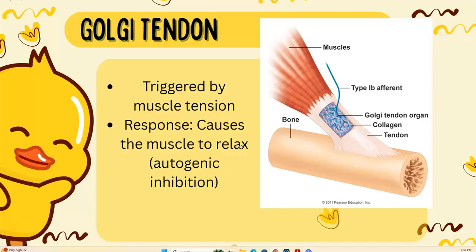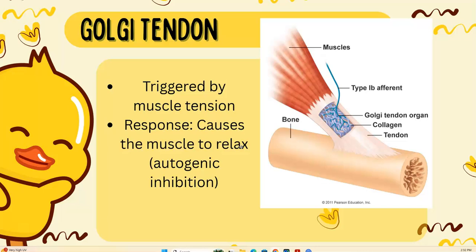Okay, let's talk about the GTO, the Golgi tendon organ, right now. This is a mechanism that's built into our tendons. Remember, muscle attaches to tendon, tendon attaches to bone. This is triggered by a contraction or tension of that tendon.